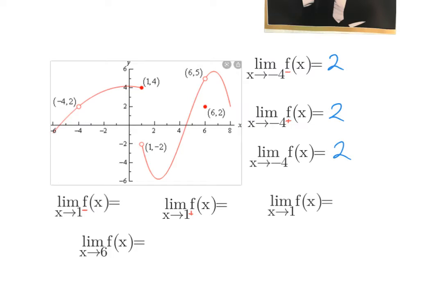All right, limit as x approaches 1 from the left. So here we would be up here approaching x = 1 from the left. Well, the y value that we are approaching from this direction is 4. Approaching from the right puts us on this piece of the curve. And so now that y value that we are approaching is -2.